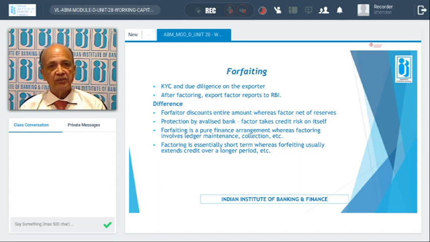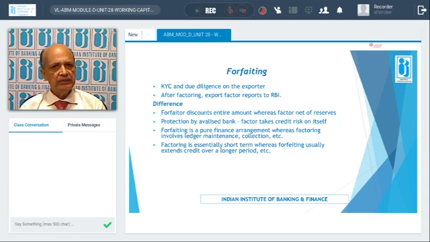Whereas in forfeiting, the entire amount is paid without recourse. Then forfeiting is a pure finance arrangement, whereas factoring, as I told you, involves ledger maintenance and collection. This is one of the features of factoring that involves, in addition to financing, ledger keeping and collection, etc.